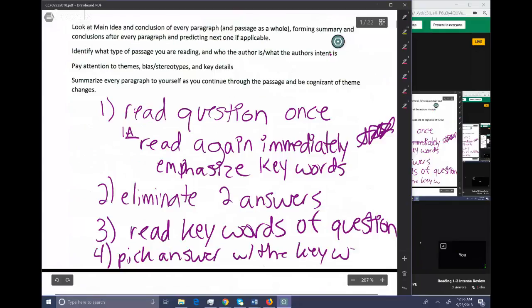So those are a couple of notes about strategy. If you're still struggling with the critical reading strategy, all I can say is keep at it. I always encourage you guys, as you well know, to stay the heck away from all material that is not mine. And I still encourage that exact same thing.